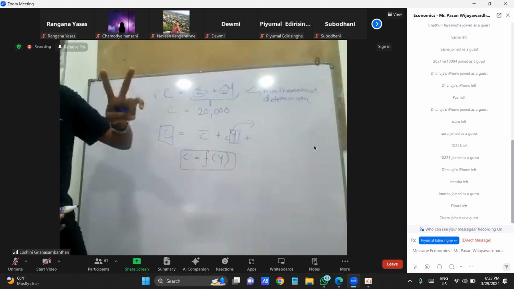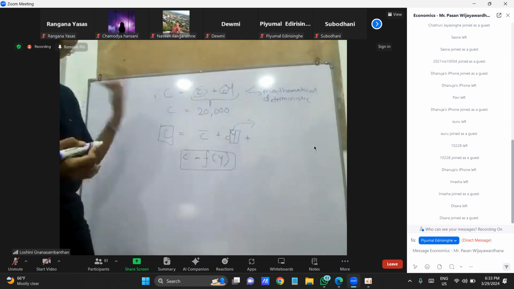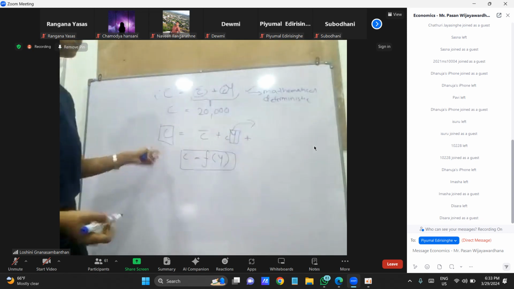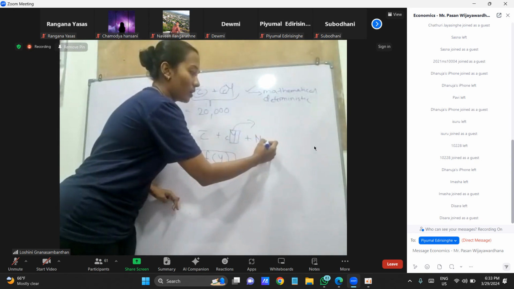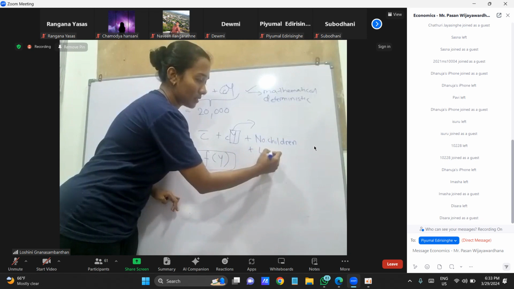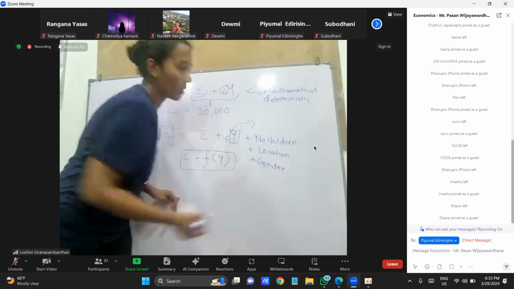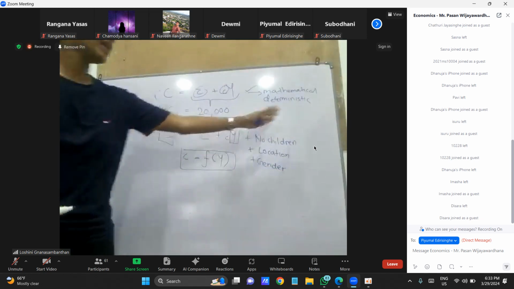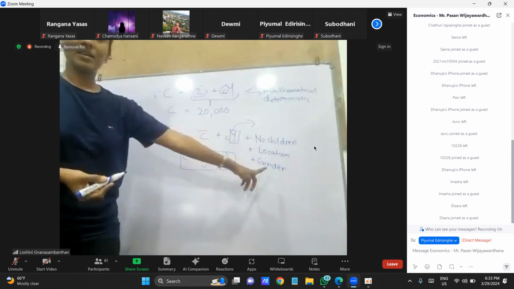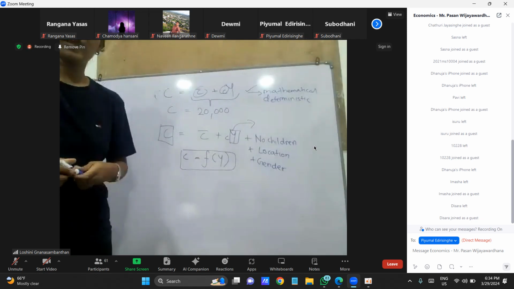In two variable regression analysis, one dependent, one independent. In multiple, it's still one dependent, but you have so many other things affecting your consumption, like the number of children in your family, then location, and so on. So if you have a model like this, given the values of these things, then that particular model is a multiple regression analysis.